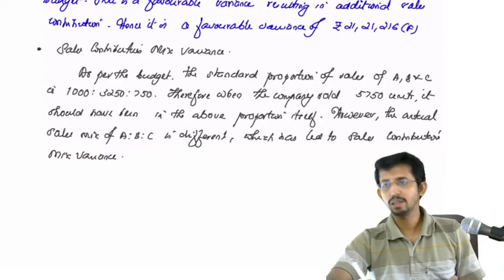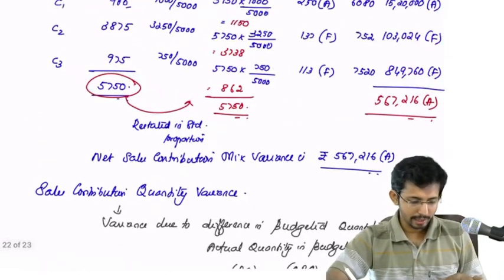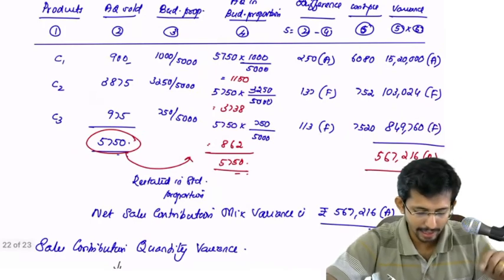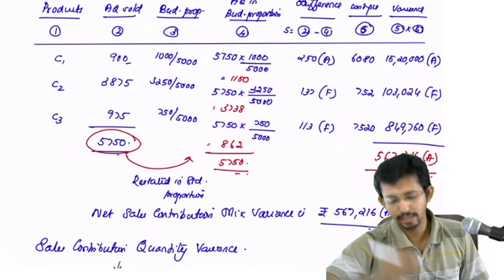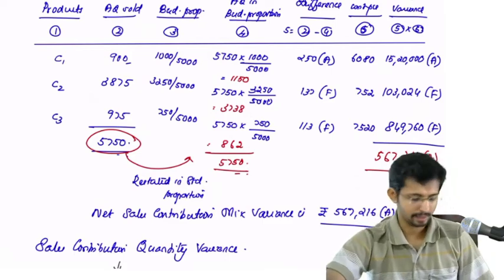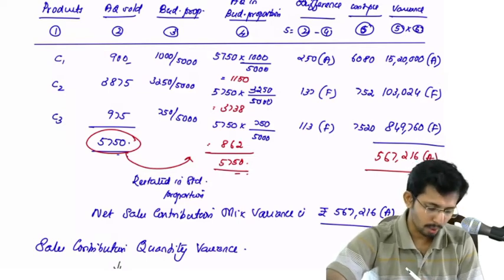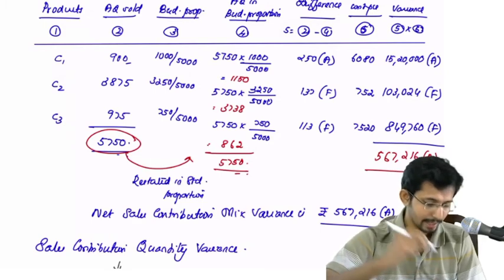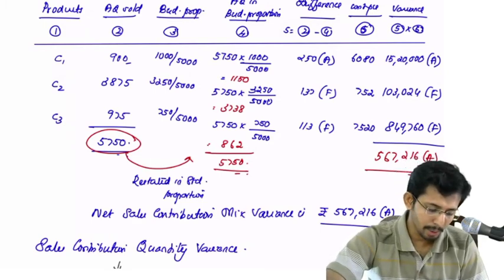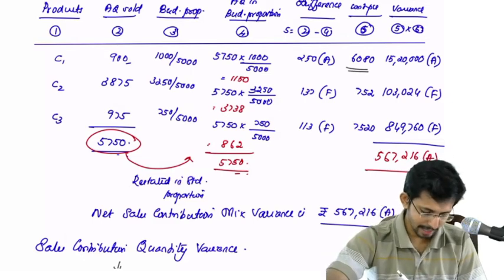Now if you see the mix variance, it has resulted a net adverse variance of 567,216. Now you have to see why it is an adverse variance. If you see clearly, in the case of C1, actual quantity that ought to have sold is 1150, whereas it has actually sold only 900 units, and the contribution is highest for C1 and C3.